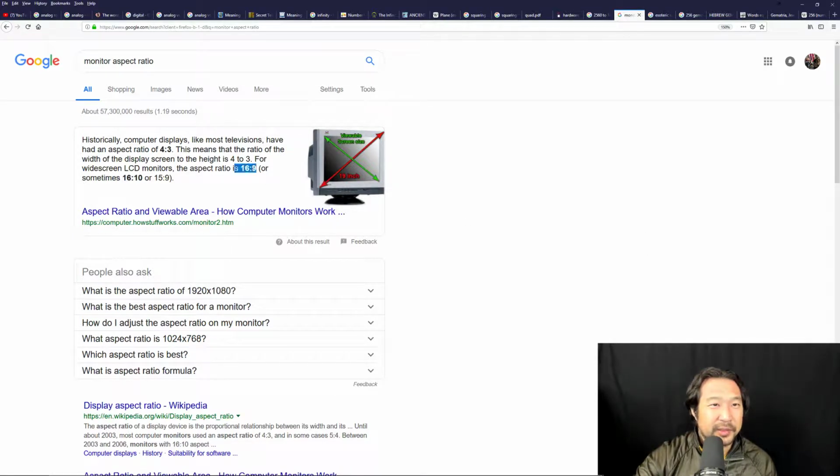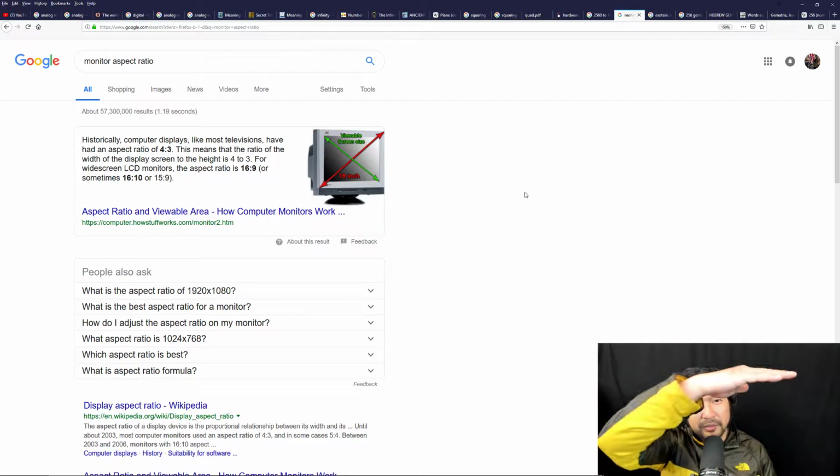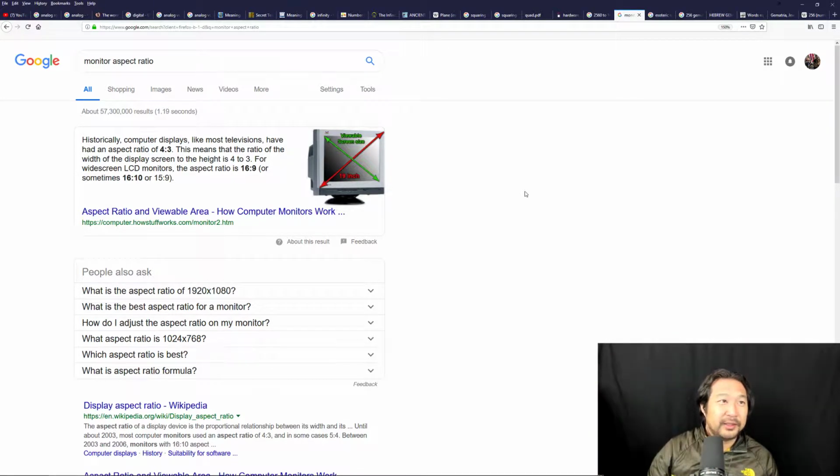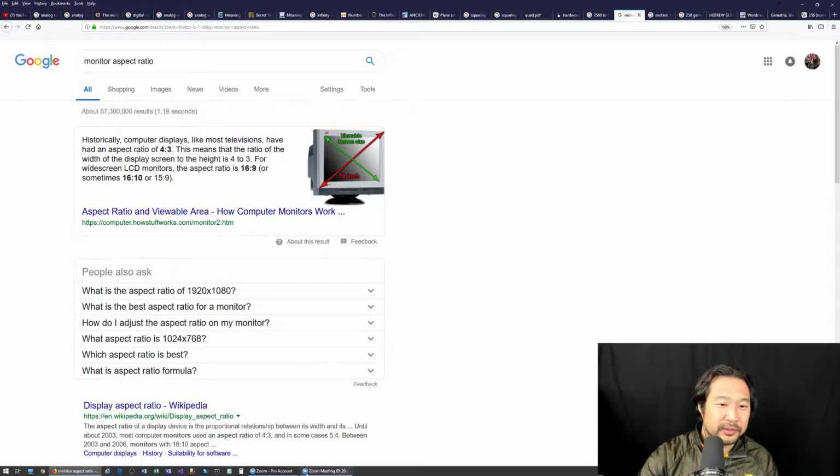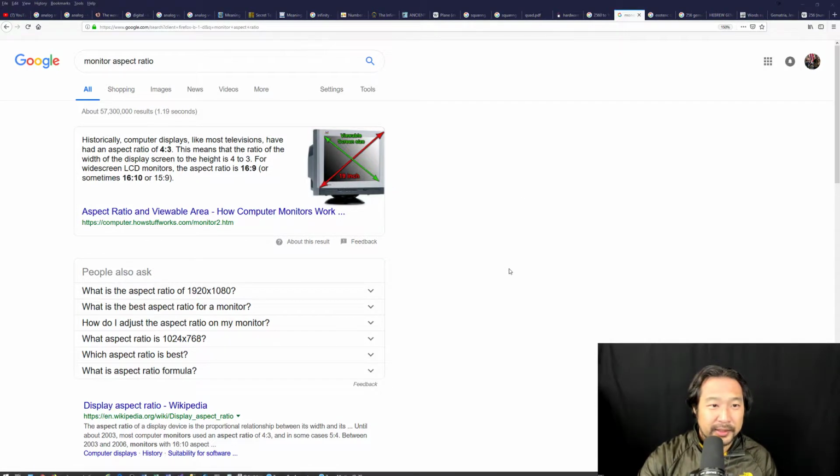Now the ratio doesn't matter. It's all about the amount of pixels within the monitor. Basically, the pixels horizontally multiplied by the pixels vertically give you the resolution. For example, let's use the calculator.